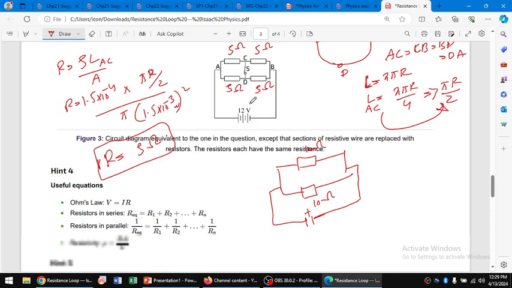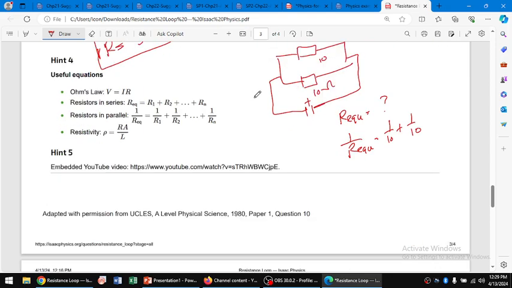To find the R equivalent of the two 10 ohm, 1 over R equivalent is equal to 1 over 10 plus 1 over 10. It gives us 2 over 10, so R equivalent is equal to 5 ohm.